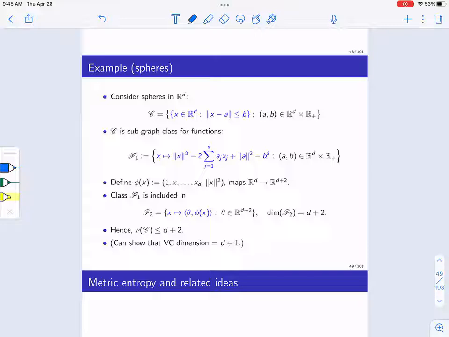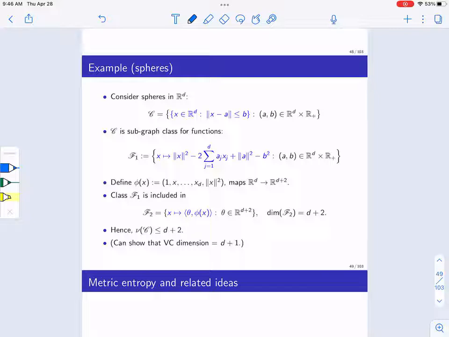And so if you think of these polynomials, phi of x being x1 up to xd, and then the norm x squared, as you can see, this is a linear combination of these elements. So you can write a function like theta times this, where theta is in R^(d+2), right? So you have actually 1 here, and then I have some coefficients here and some coefficients there.